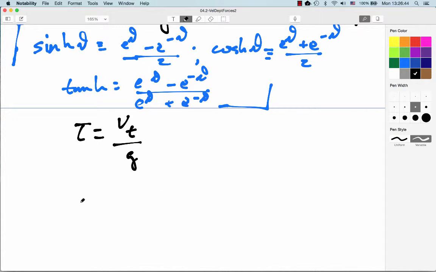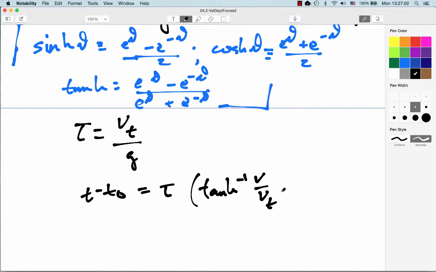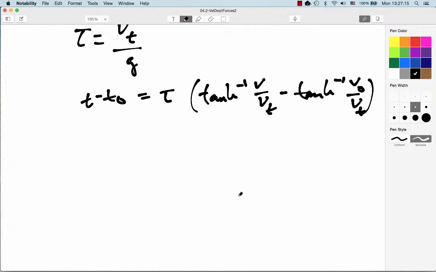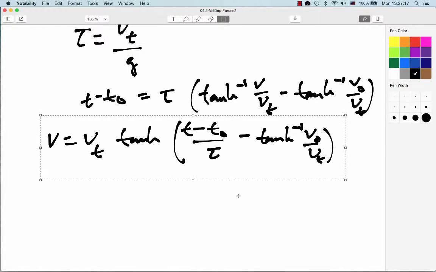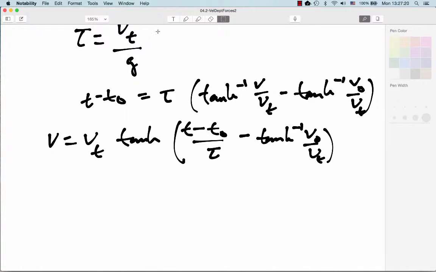So then we can get t minus t naught equals characteristic time times the arctangent of v over vt minus the arctangent of v naught over vt. And then from there you go ahead and do your trigonometric manipulations to get what I had promised you earlier.